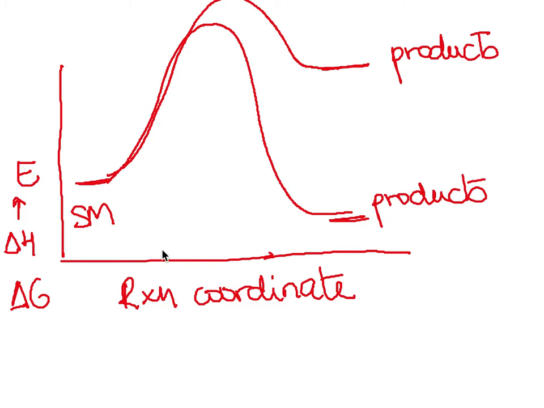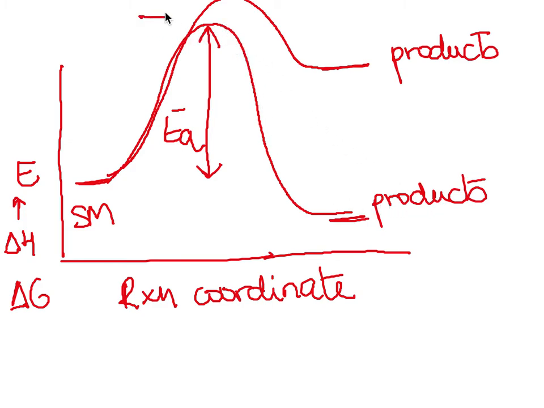Some other elements that we can recognize here is this energy right here. It's called the activation energy, and we represent it like that. That's the energy that we need to climb this mountain, if you want to call it that. This is the energy that the reaction needs to reach up to this point, and at that point the reaction starts becoming products.